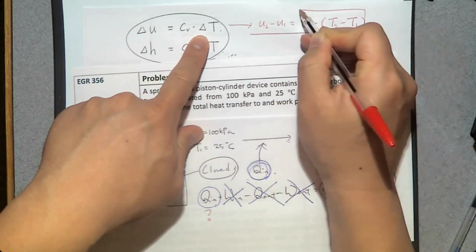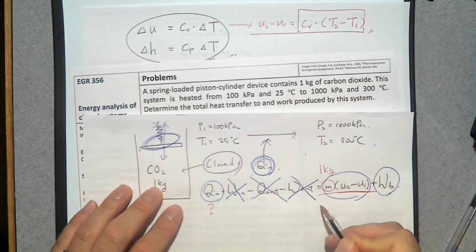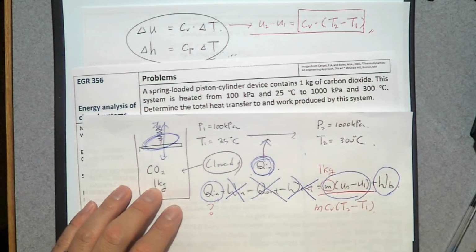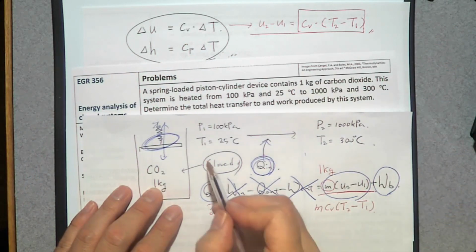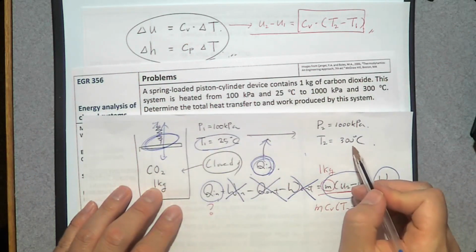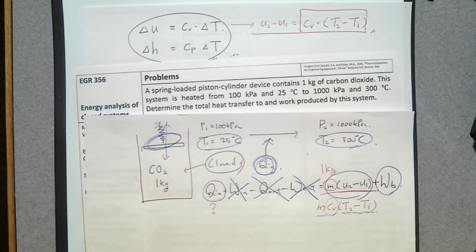So this is the equation we are going to use. Here we have mass times CV times T2 minus T1. We already know the initial temperature, 25 degrees Celsius, and the final temperature, 300 degrees Celsius. We have the mass, we just need to determine the specific heat.